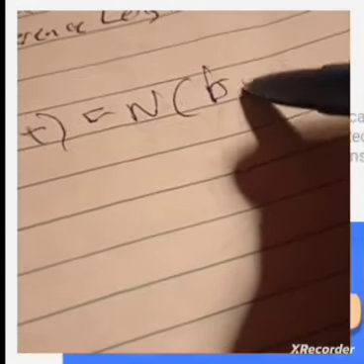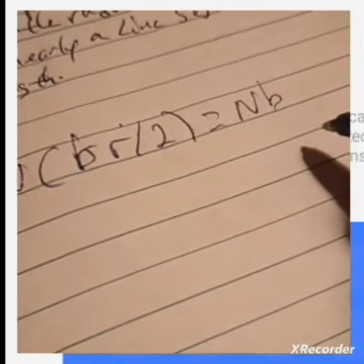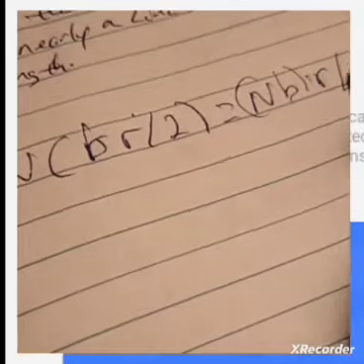This is base times the radius, divided by 2. And that could be algebraically written as n times b times r divided by 2.